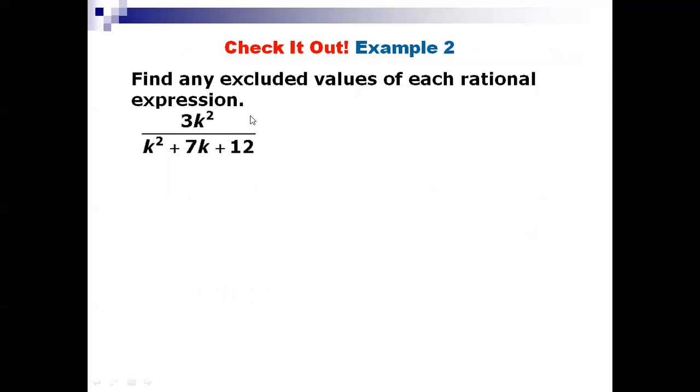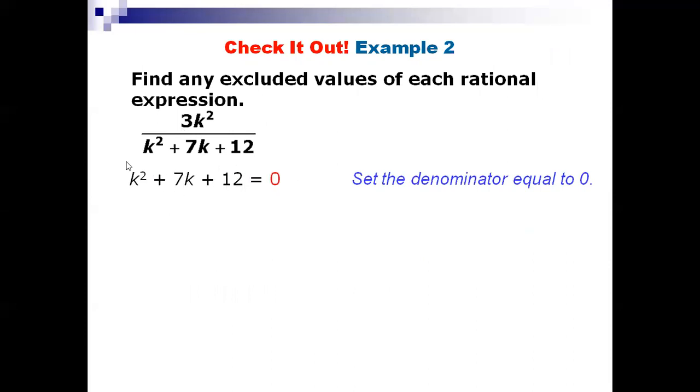Another example, 3k squared over k squared plus 7k plus 12. Again, you're going to set the denominator equal to 0. So we will have k squared plus 7k plus 12. This is a quadratic equation. When you have a quadratic equation, if it can be factored, then factor it.